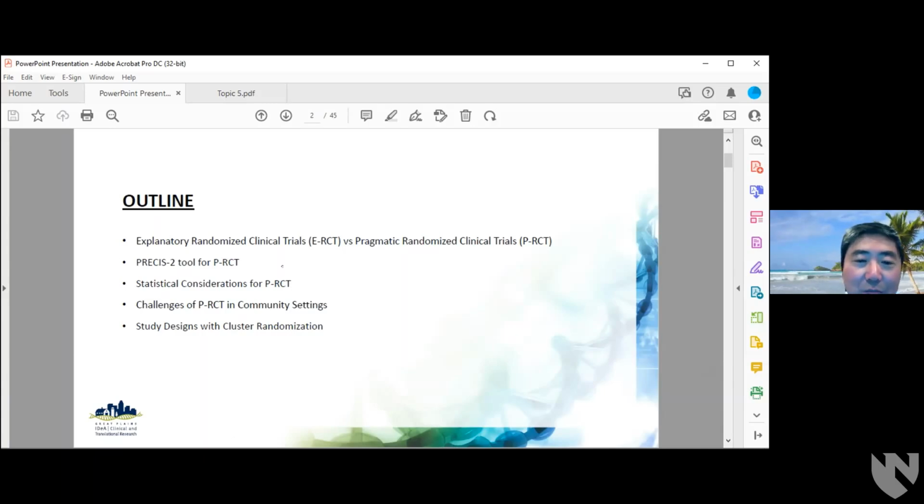Let me go briefly over ERCT and PRCT. Then, once you set up the study design either way, what would be the statistical considerations for PRCT? I have to tell you, for the ERCT, generally speaking, the statistical part is extremely easy, all right? So just intro stats probably suffices to conduct the analysis if the trial is very well designed.